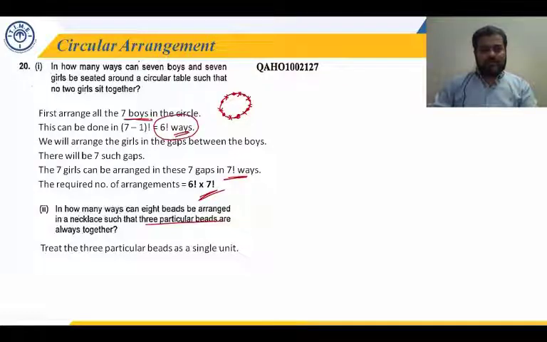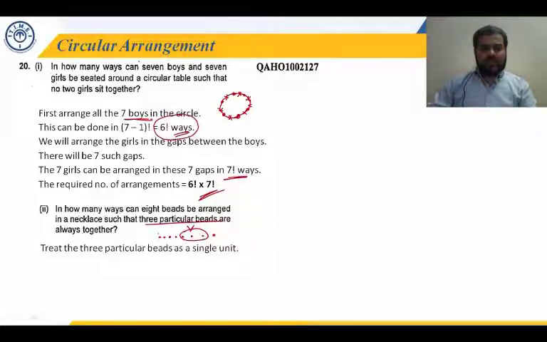So we have 8 beads and 3 particular beads are to be always together. So 1, 2, 3, 4, 5, 6, 7, 8 and 3 particular beads. Suppose these 3 are those 3 particular beads. These 3 have to be together. So we'll club them together and count them as a single unit.